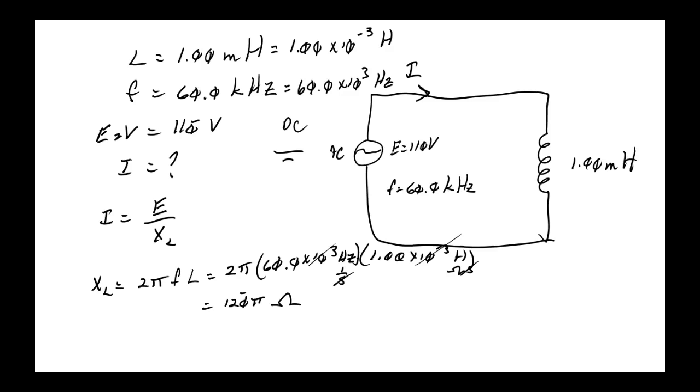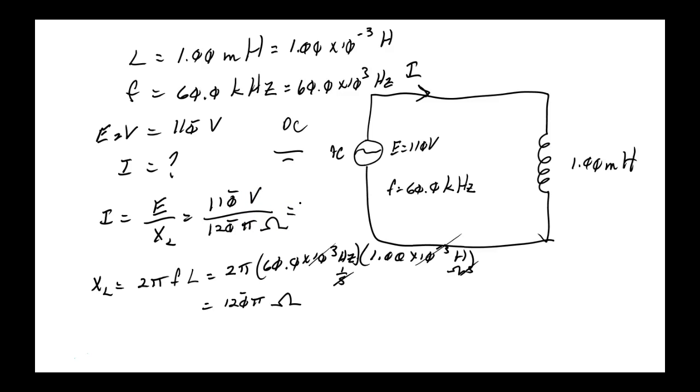Now, we can take that and put it under our E, which was 110 volts, divided by 120 pi ohms. And guess what?